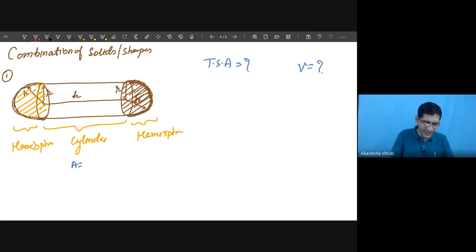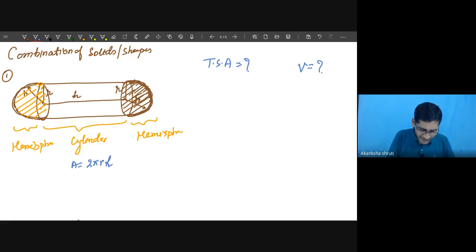The total surface area is obtained by adding the area of the cylinder. Which area? Only the curved surface area, student. Because the circular areas are common, that circular area need not be counted. For the hemisphere, the curved surface area needs to be counted. So here the area is 2 pi r, the ring, multiplied with the h.